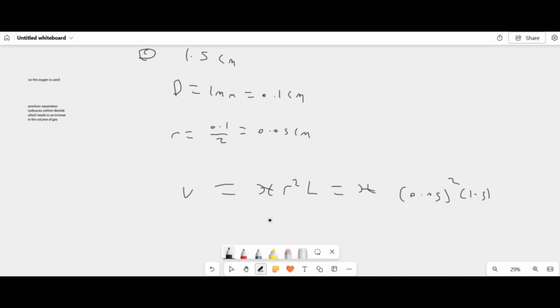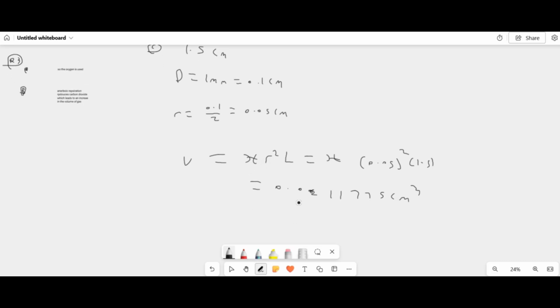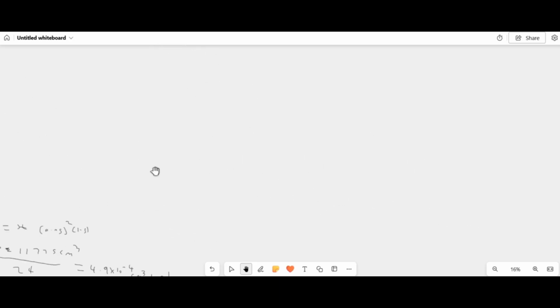Use the pi value of 3.14 and you'll get 0.11775 cm cubed. There are 24 hours in the experiment, so that 1.5 was in 24 hours. Per hour, you need to divide that whole thing by 24, and you're going to get 4.9 times 10 to the power minus 4 cm cubed per hour. That's the final answer.